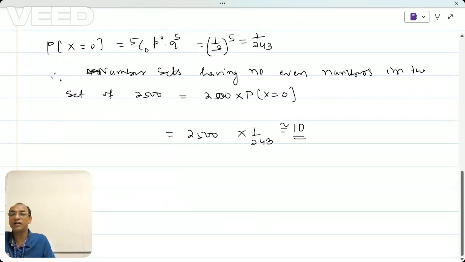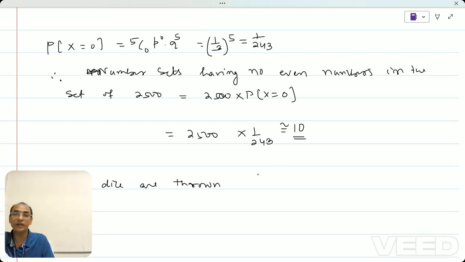Then we will take another example. Example: two dice are thrown 120 times.